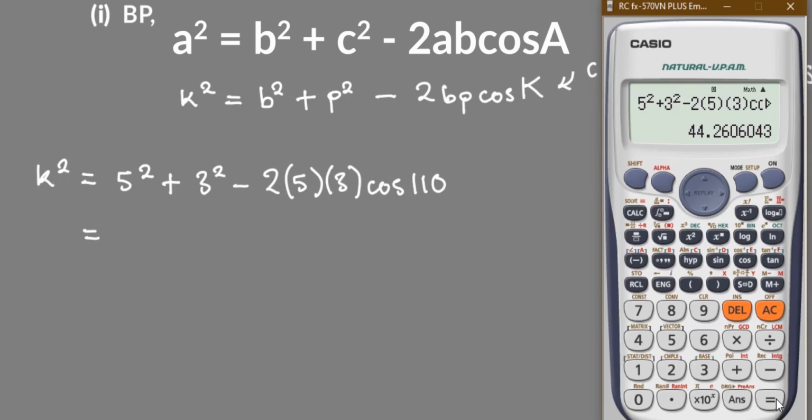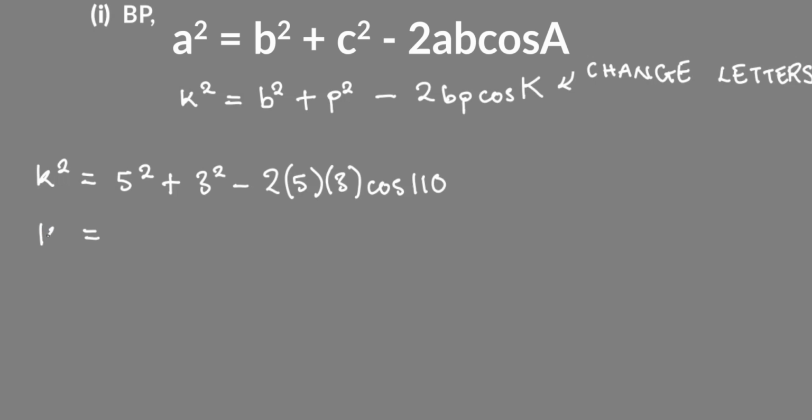Remember, I insisted on saying we're going to find the value for k squared and not k, because it's a very common pitfall for students. We have k squared here, and that's 44.261 we found.